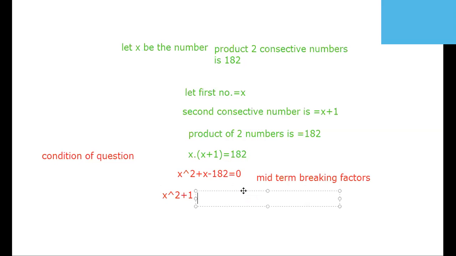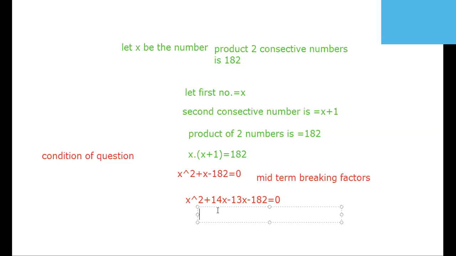Okay, just let me make my correction for a moment. So x raised to power 2 plus 14x minus 13x and minus 182 equals 0. So this is the equation.